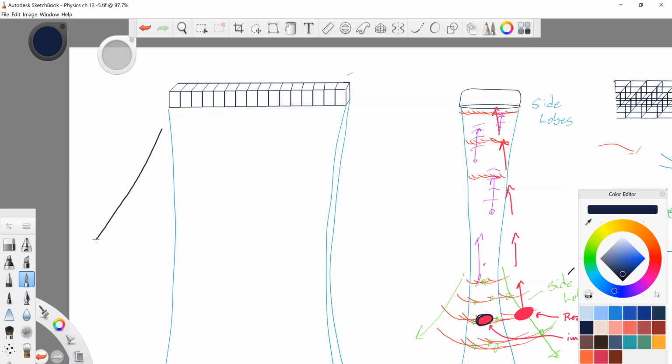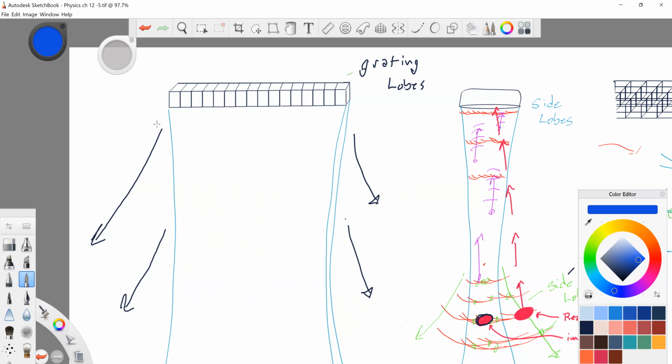So I'm going to go ahead and put a lobe here, maybe even a secondary lobe there. Grating lobes. Well, let's draw in really quickly what might be causing these.